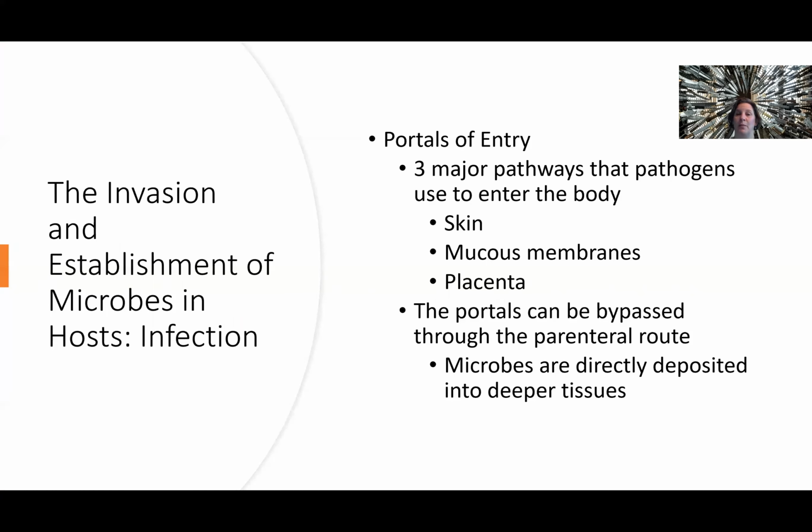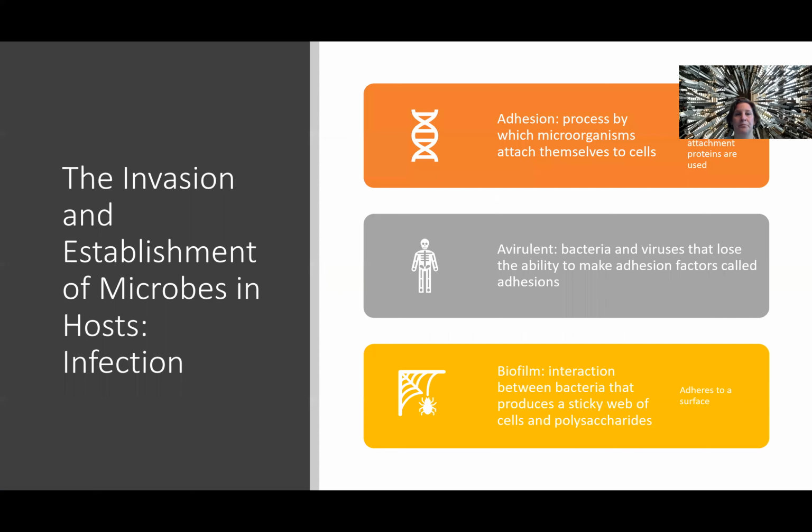So think about if you step on a nail outside, you've bypassed the skin because you punctured it. That can obviously happen occasionally. And so these are ways that we can establish an infection. Now, some things have to happen for us to be infective. First, the microbe has to adhere.